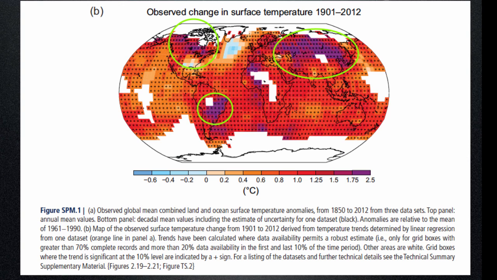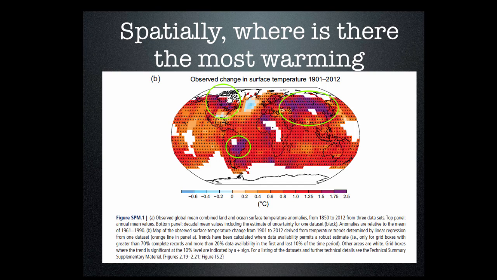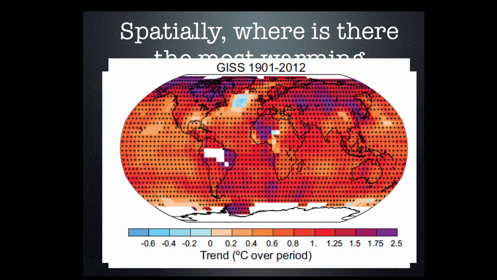This figure is just showing grid cells or squares that have actual measurements over something similar to this time period, back to 1901. So kind of like the data you guys are using for your project. Another data set that's also shown in the IPCC does something called interpolating.